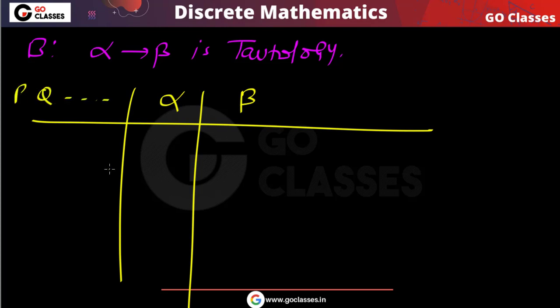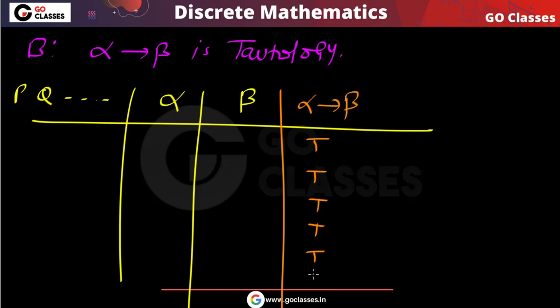We don't know what the variables are. The question is saying that alpha implies beta is a tautology.